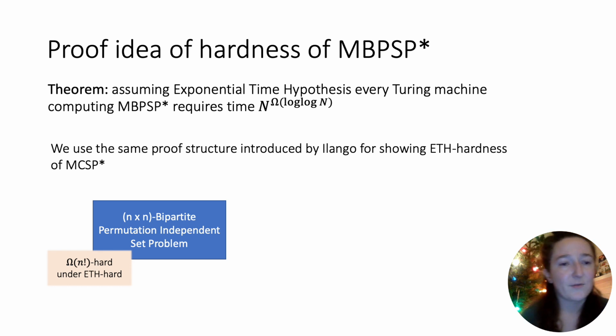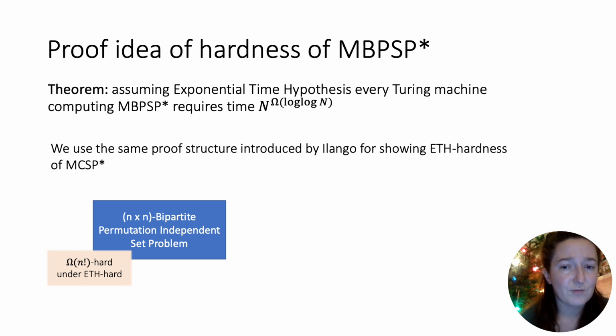So we start with the following problem that is known to be ETH-hard. We show that this problem, called the bipartite permutation-independent set problem, is, shortly, a very complicated graph problem. I will explain its intuition on the next slide.